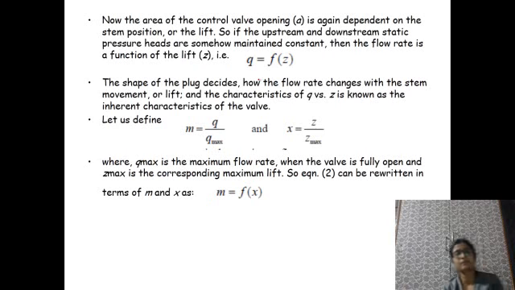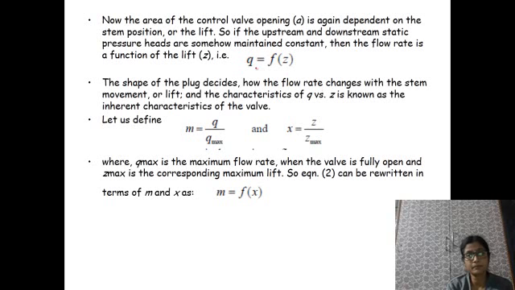The area of the control valve opening is again dependent on the stem position or the lift. So if the upstream and downstream static pressure heads are maintained constant, then the flow rate is a function of the position.